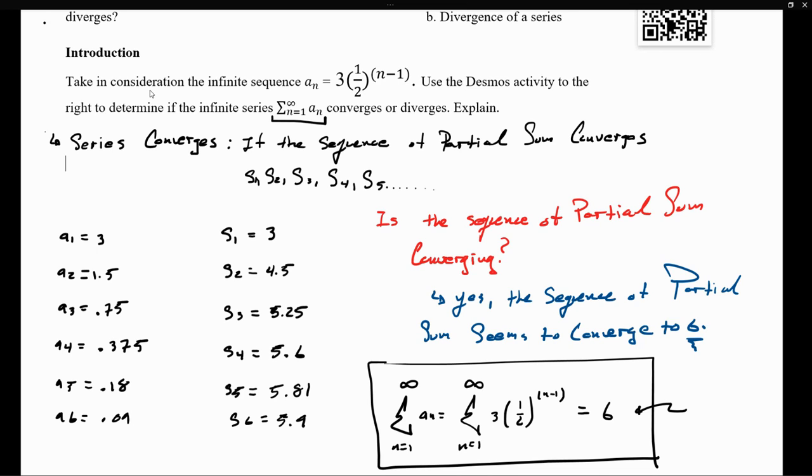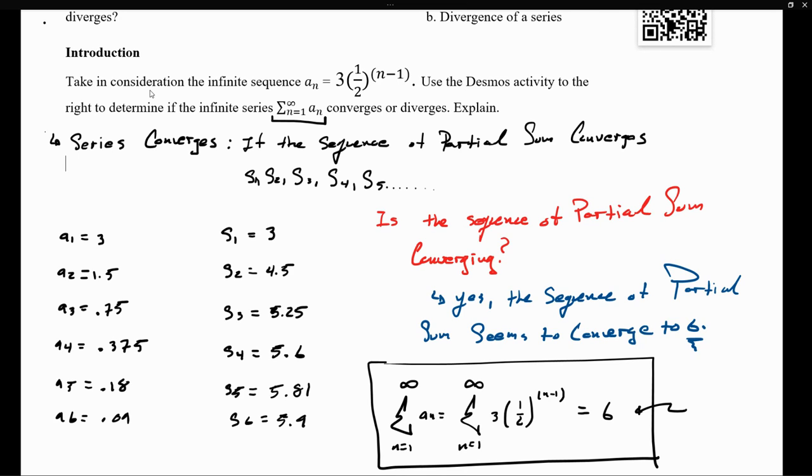So I know that my conclusion derives from the analysis that we did of the partial sums. But when is it that the partial sums seem to be converging to a value? Well, the partial sums seem to be converging to a value if the sequence itself is converging to 0.